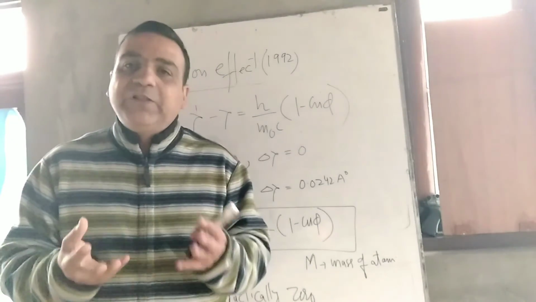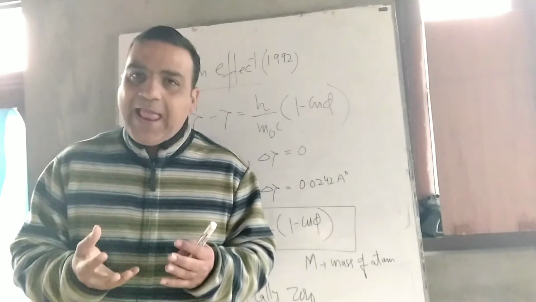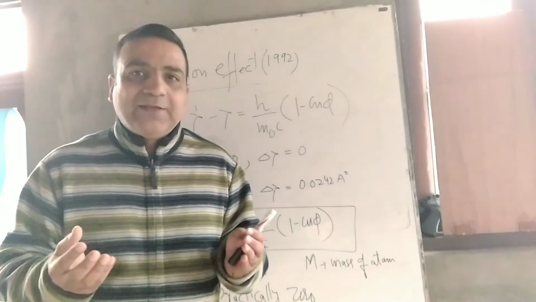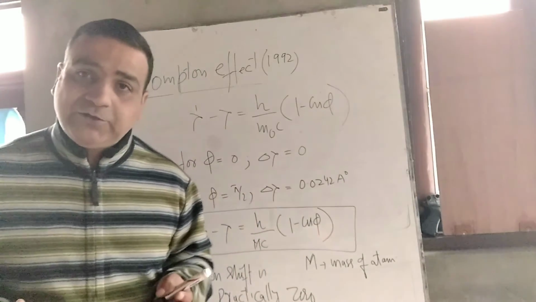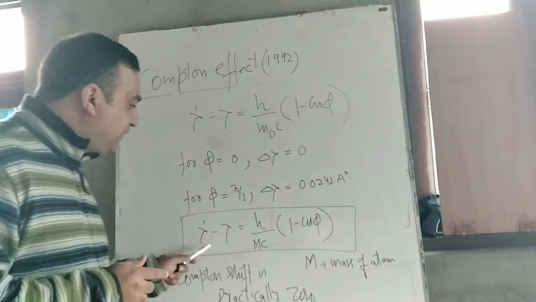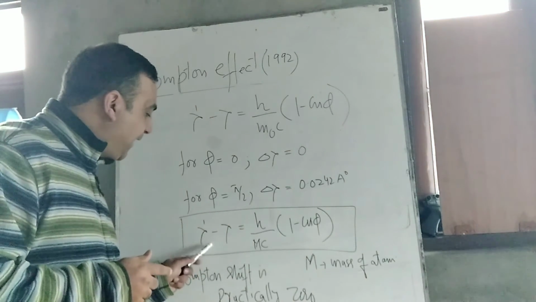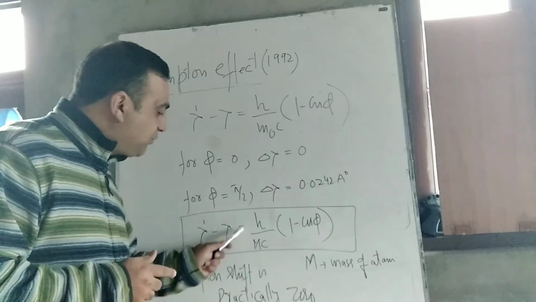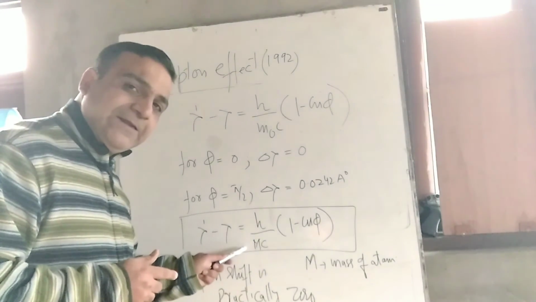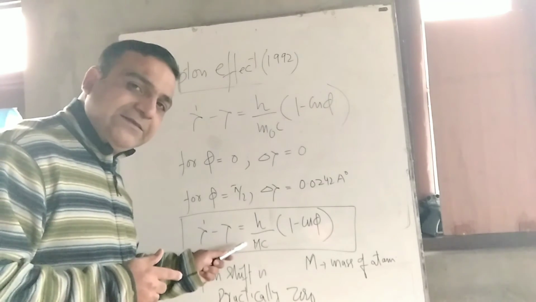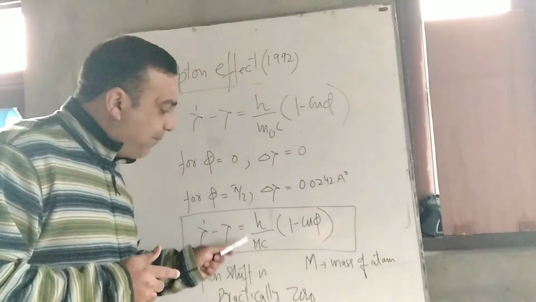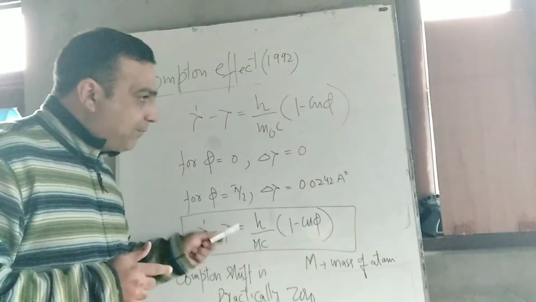The whole atom will be hit by the photon. And all of you know that the mass of this atom is very large with respect to the mass of an electron. That's why I have written the Compton equation here again: lambda dash minus lambda is equal to h by capital M. This capital M is a symbol telling us that it is the mass of an atom.